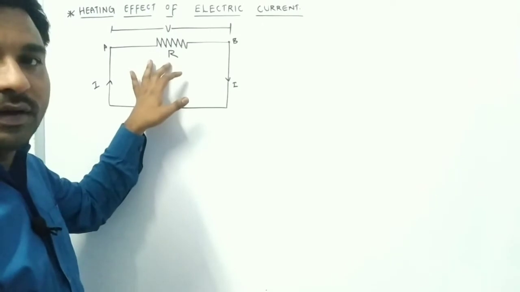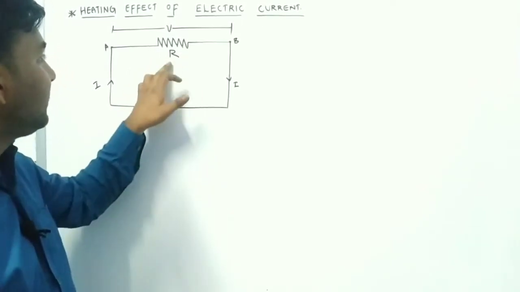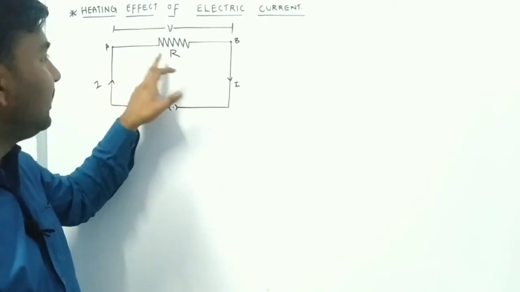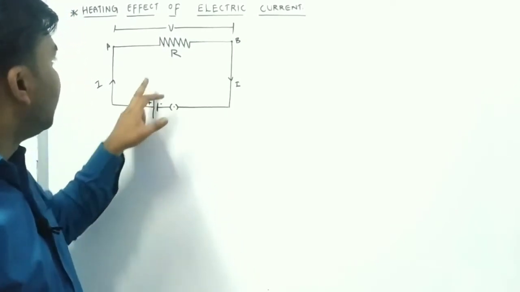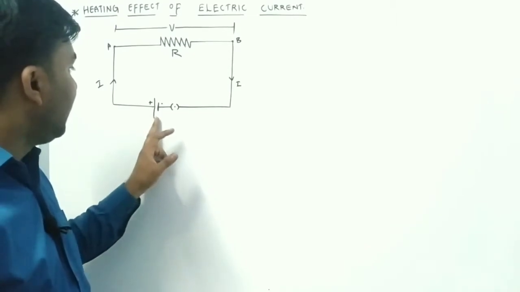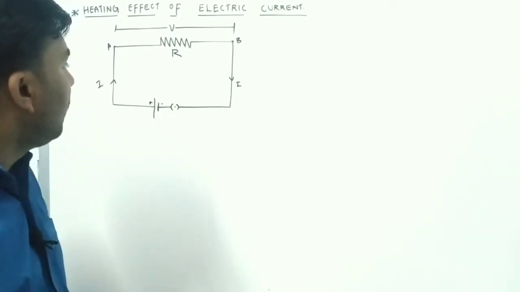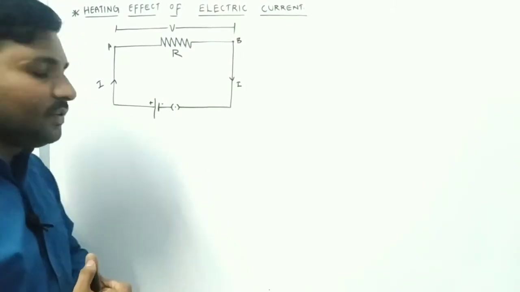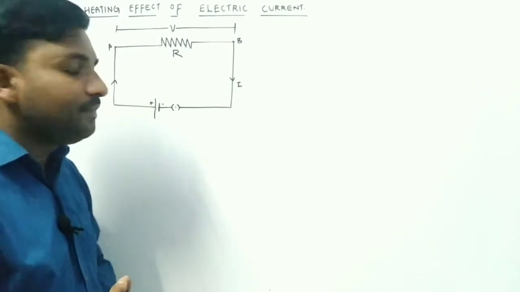One conductor I have considered having the resistance R, and I have connected this resistor in between the points A and B, and the ends of the resistor are connected to the electric cell along with the plug key. Now when the switch is on, the current will flow through the circuit.